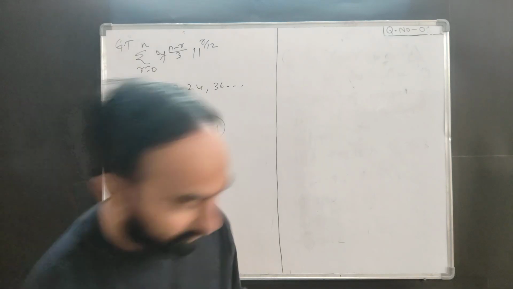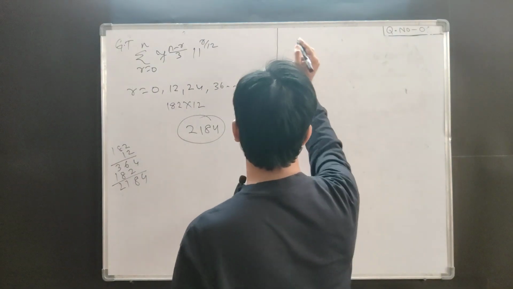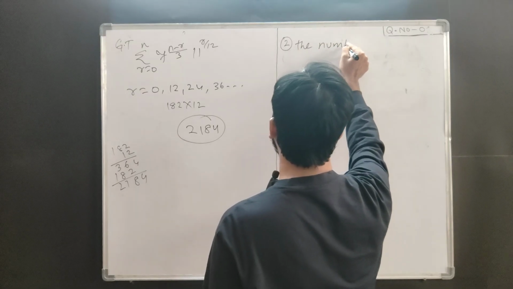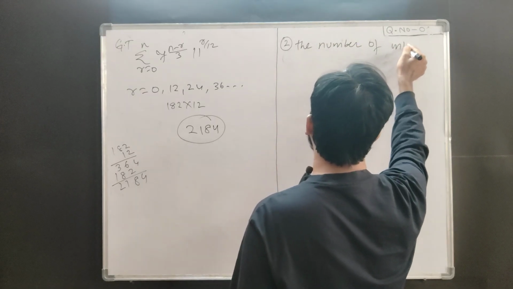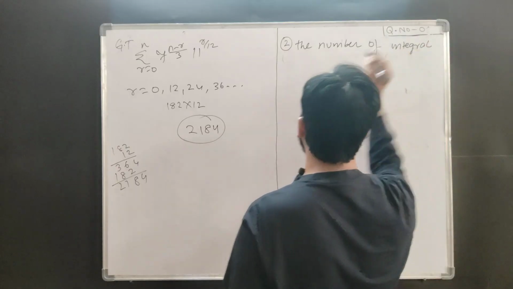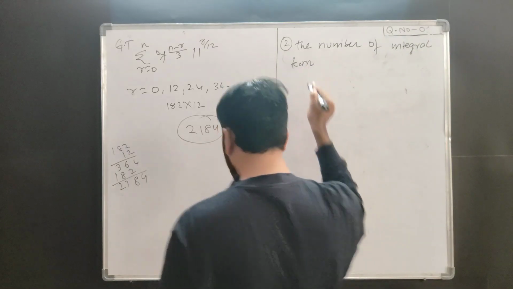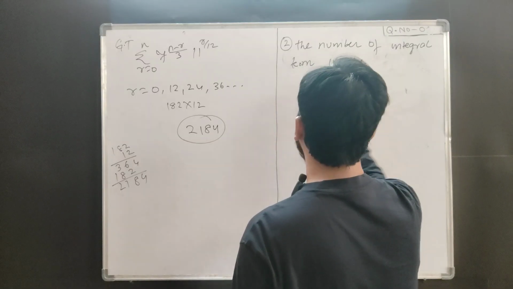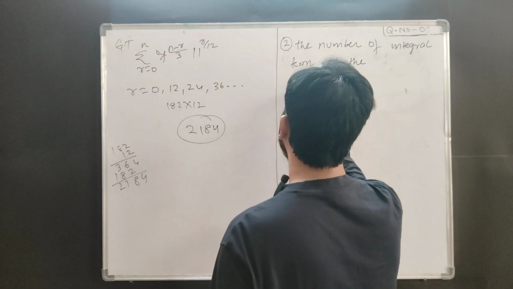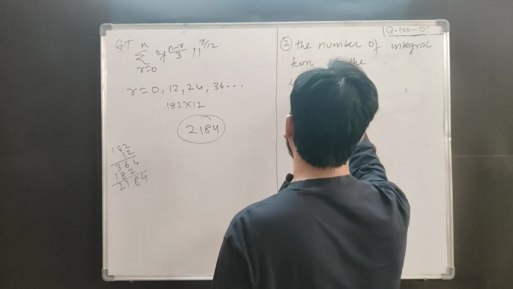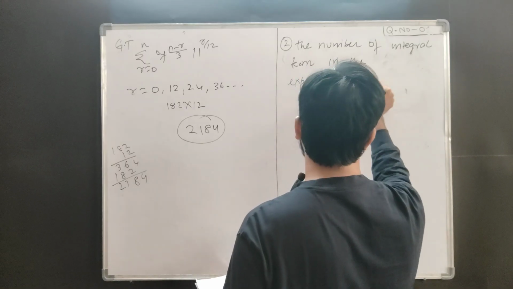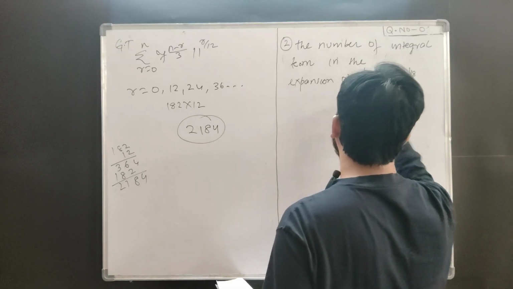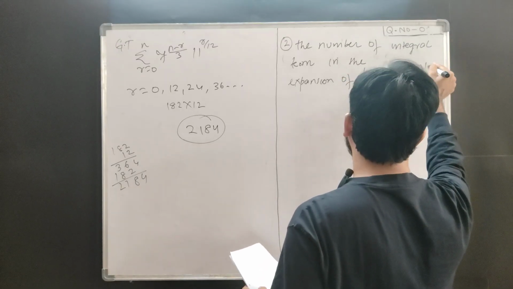Question number 2 is the number of integral terms in the expansion of (5 to the power half plus 7 to the power 1 by 8) whole to the power of 1016.